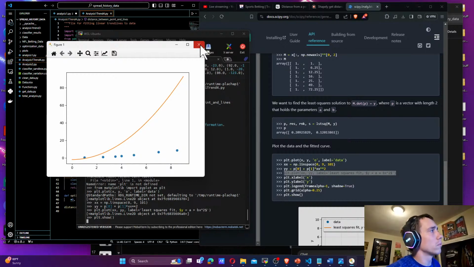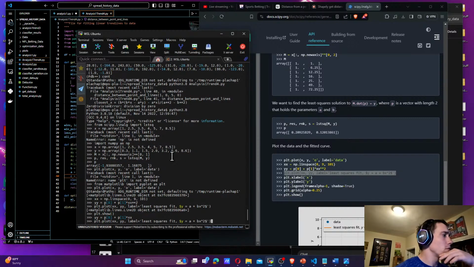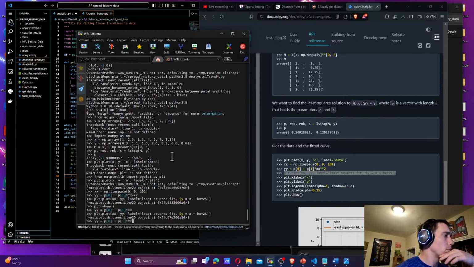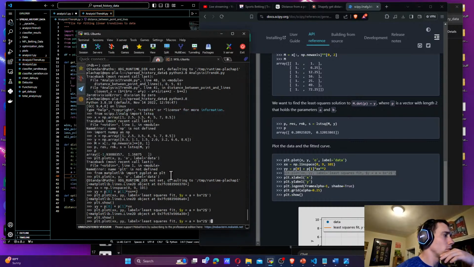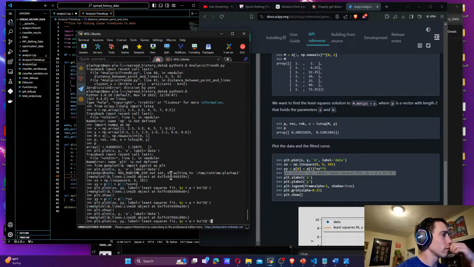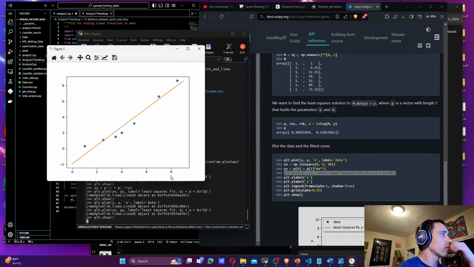Oh. What did I do? I tried to fit a linear fit. So instead of that, it's just that. Very nice.